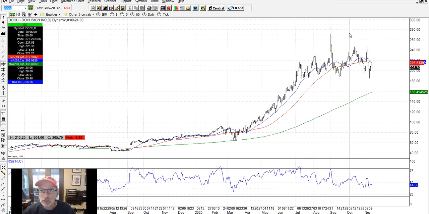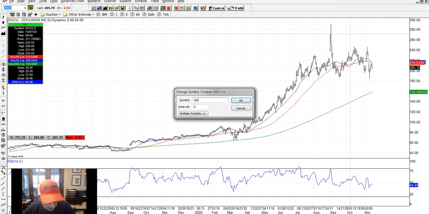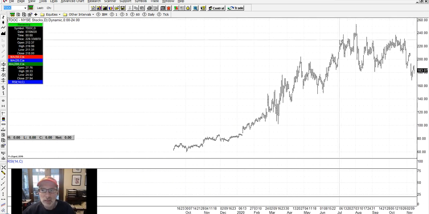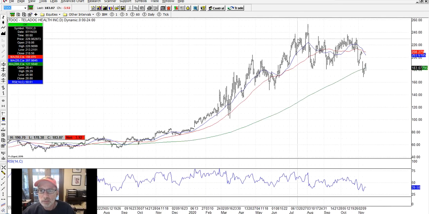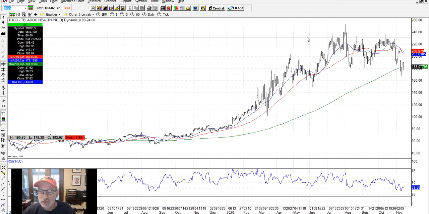Teladoc is this online medicine player. It's kind of gotten hit as well. So these are some of these high flying stocks that people like to play during the pandemic. I'm not a big fan of these. I kind of stay away. I try to stick with the indexes.